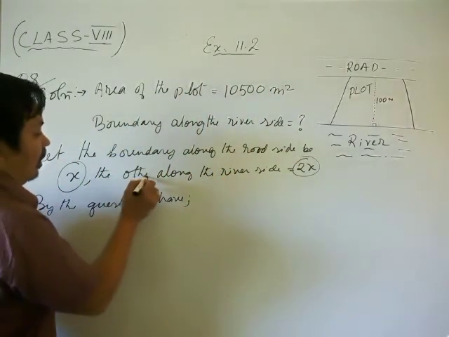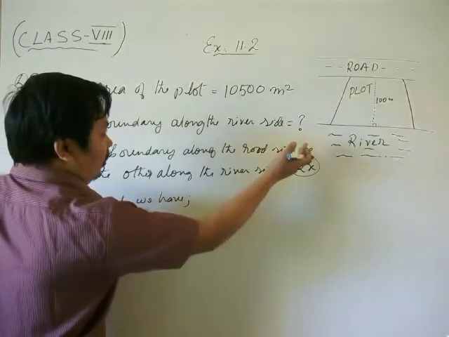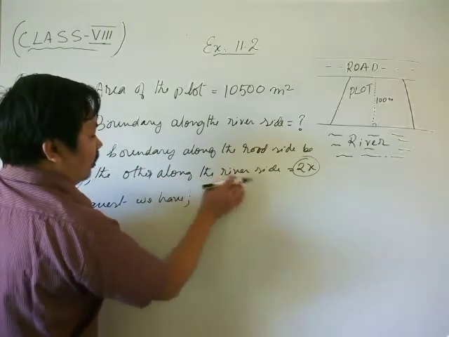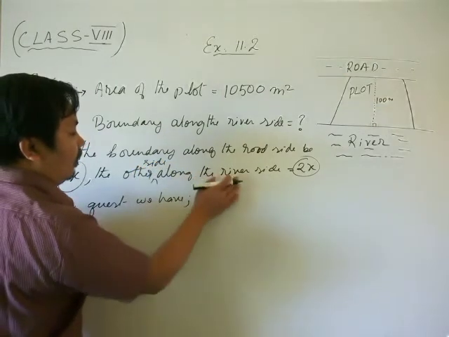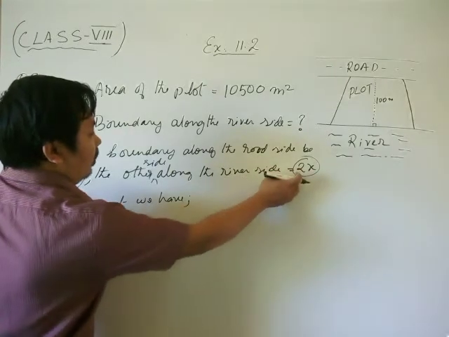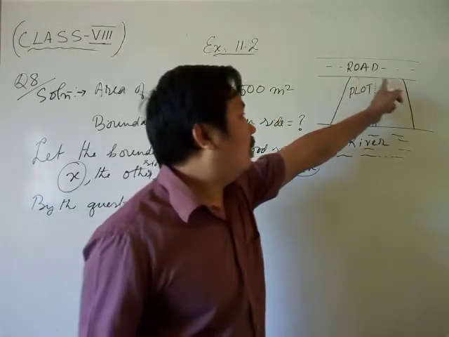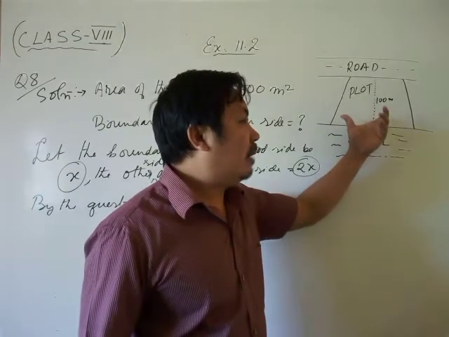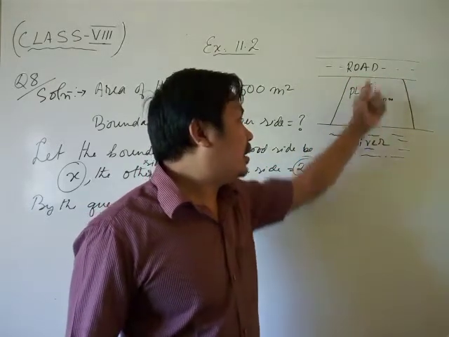Then the other side along the river will be twice x, because it is 2 times the side along the road.